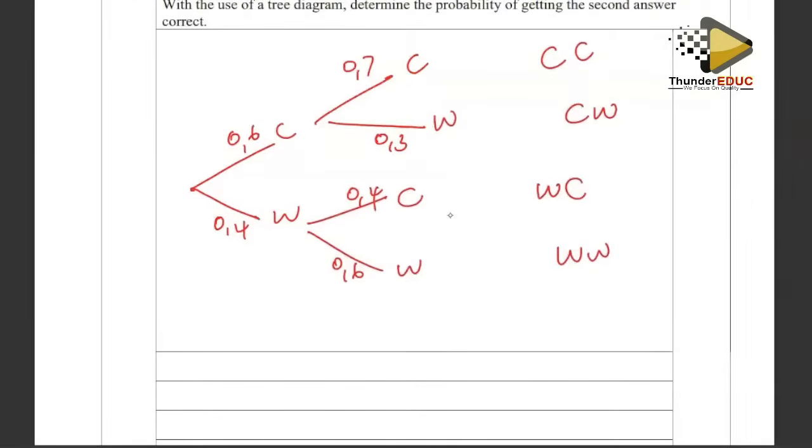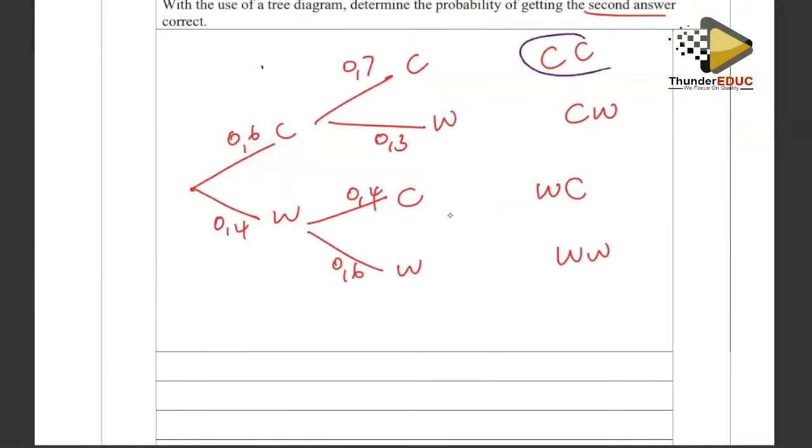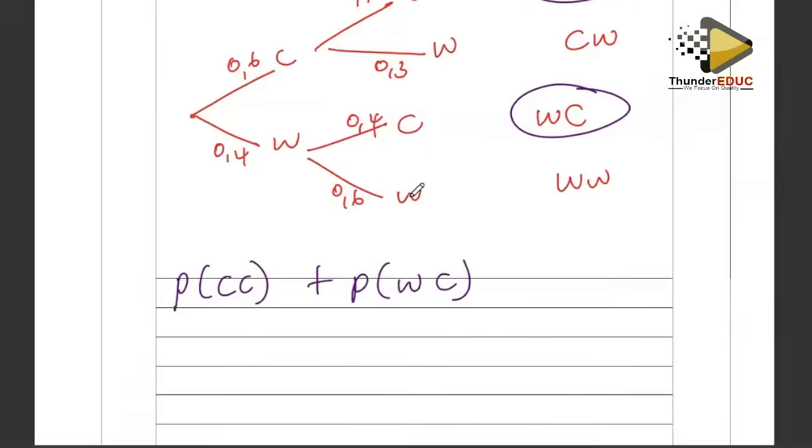Now they want us to get the probability of getting the second answer correct, meaning that we can either go the route of CC or WC. So probability of CC, probability of WC. CC is going to be 0.6 times 0.7. WC is going to be 0.4 times 0.4.